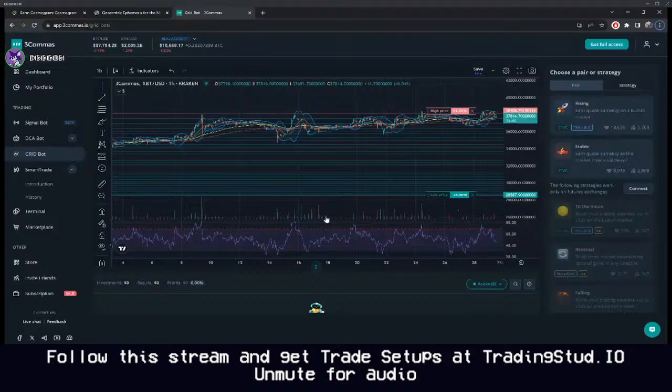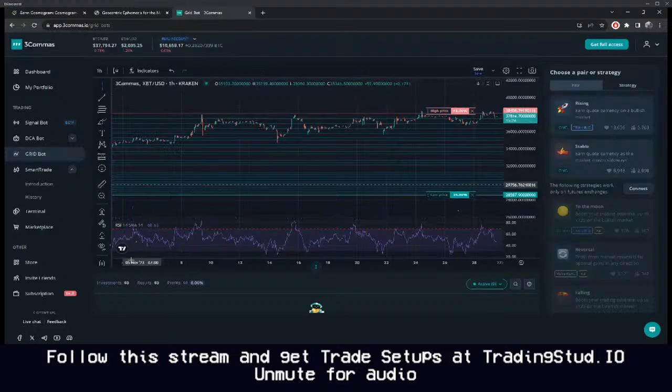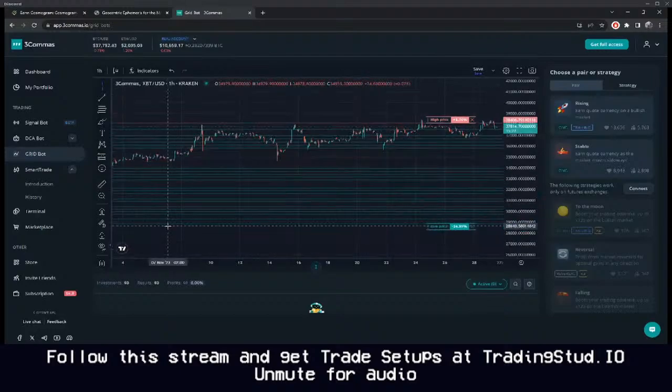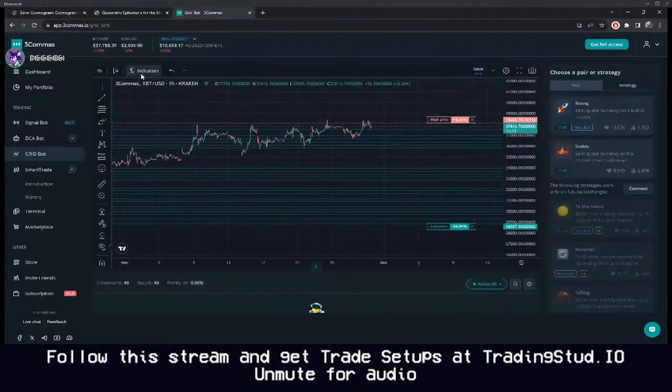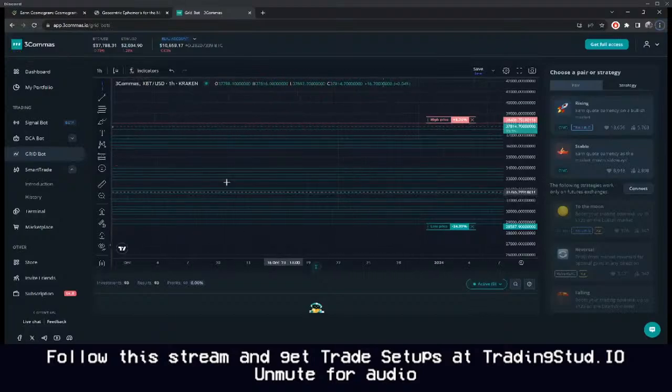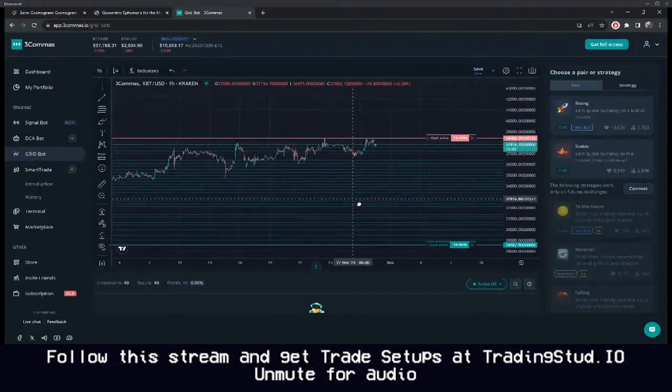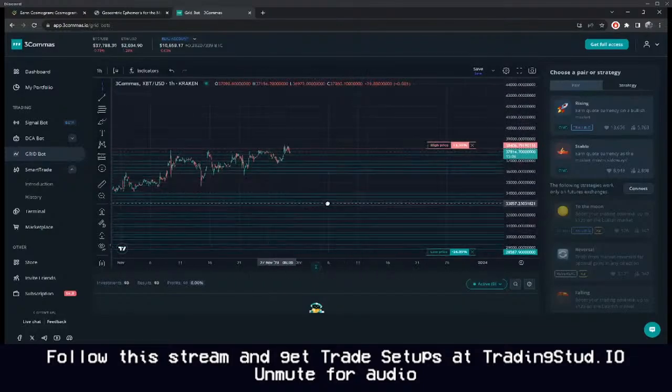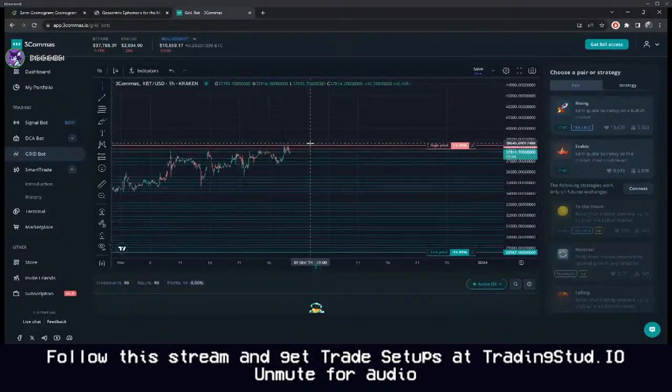Okay, so this is what I was talking about when it comes to setting up a bot. Let me get rid of all this first. You've got to look at where you're at in the chart. You see this price is going up.